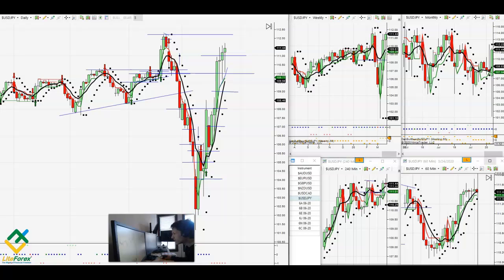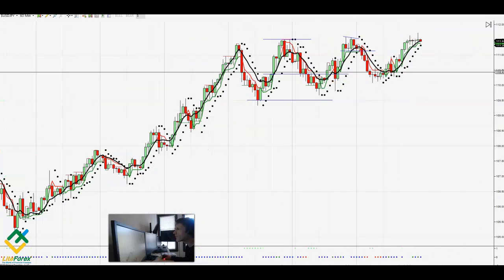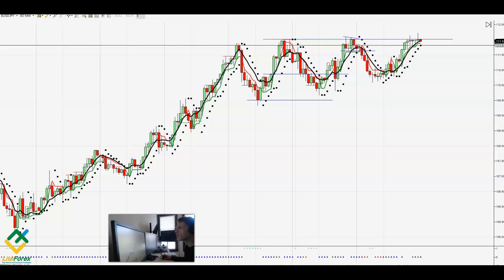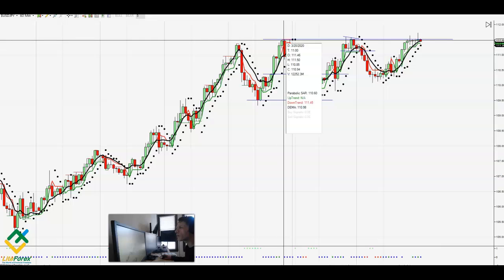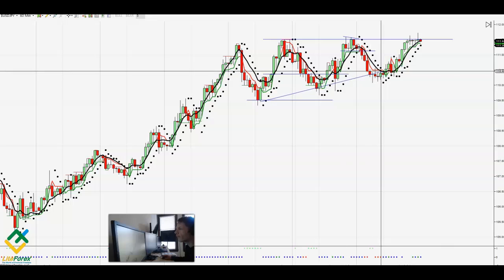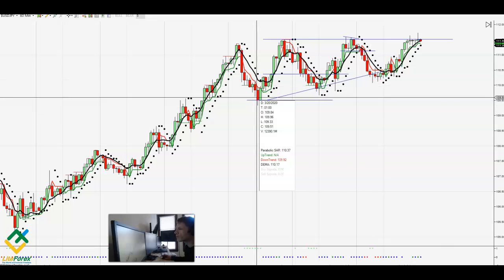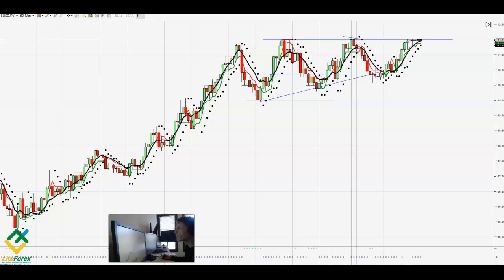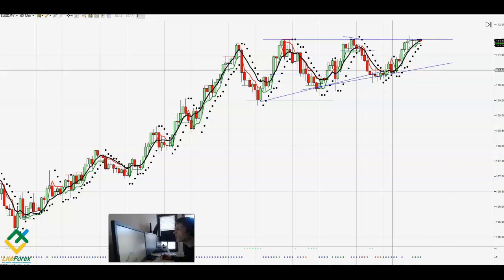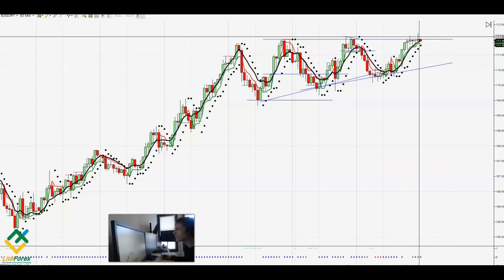But if we're looking at the 60 time frame, you can just see that resistance where we are right now. Had a tough time hitting 111.50, pulling back, put in a higher low from the lows down here, came up, hit that resistance again, pulled back, put in a higher low as well, and here we are attempting again.